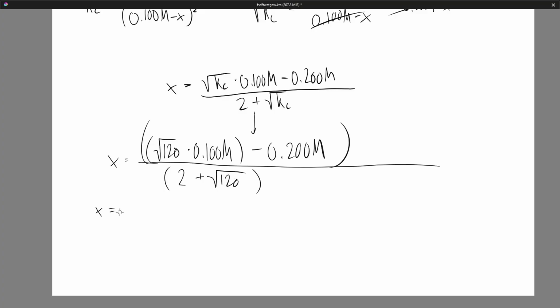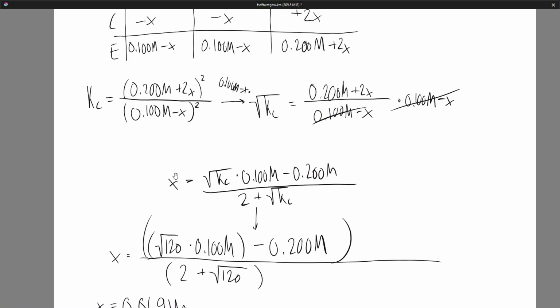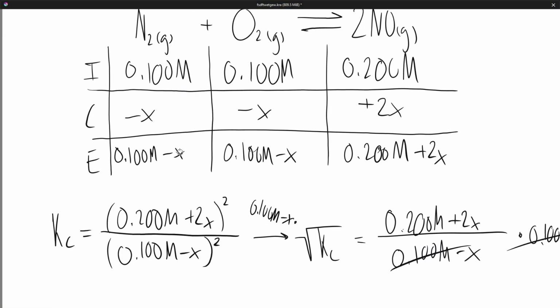So that should give us an answer of 0.0691 molar. So that's going to be our x. We're going to replace every x here by that in order to solve for equilibrium concentrations.